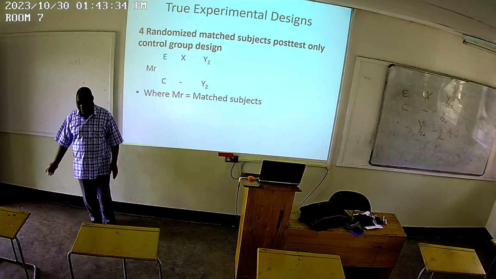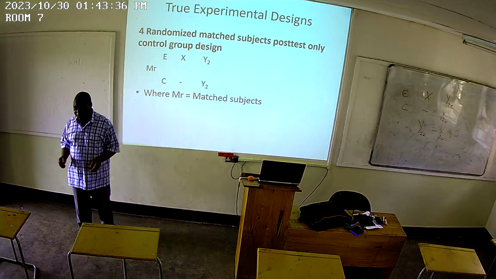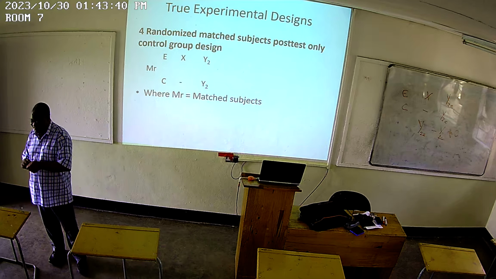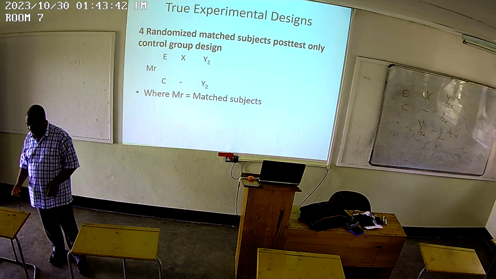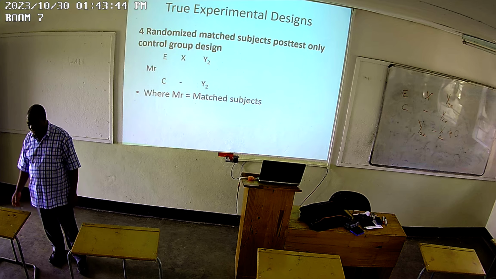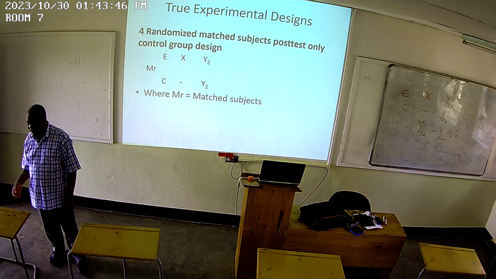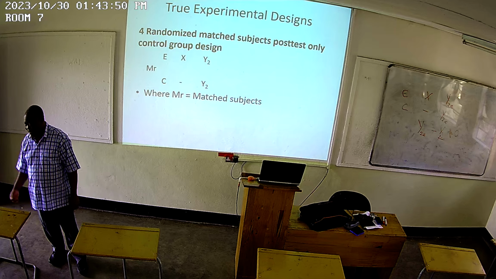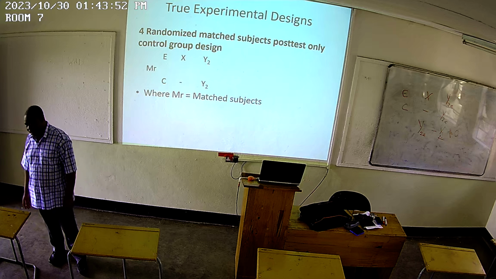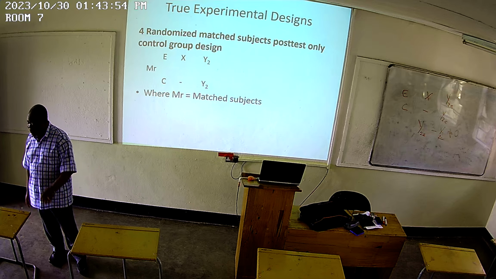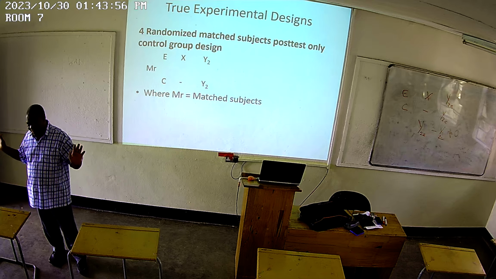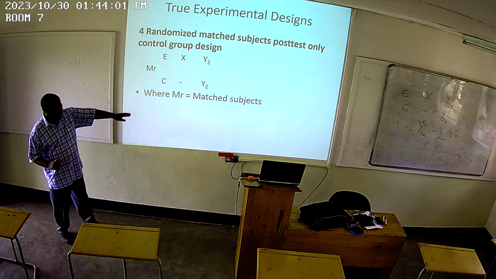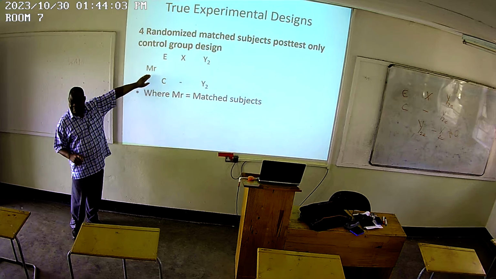Maybe for each pair you give them pieces of paper, 1 and 2, and repeat by random. If 1 picks, 2 goes to control; 1 goes to experiment. Or 1 goes to control, 2 goes to experiment, by random. That is what we refer to as randomized matching.